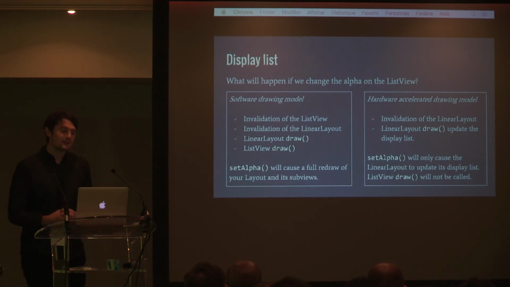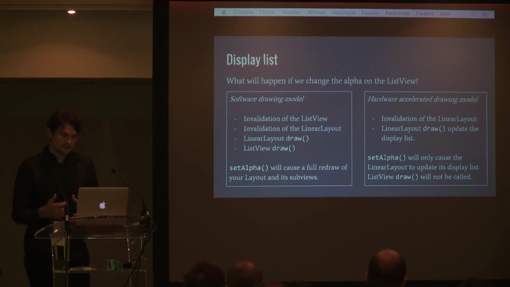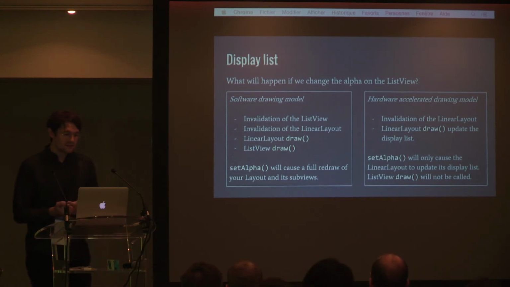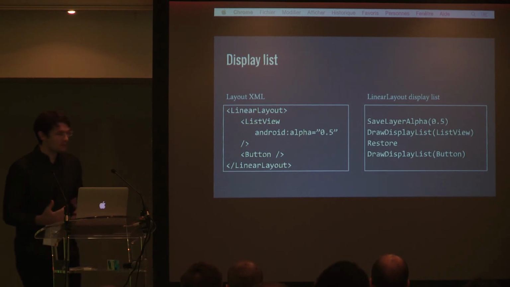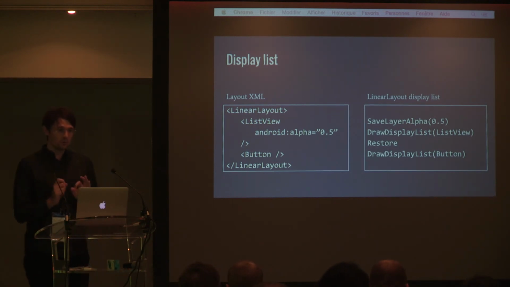Hardware acceleration changes lots of things on this point. Instead of just redrawing everything, it will do some optimization. So we will take a look at the display list with the alpha. What has changed? Well, the display list of the list view hasn't changed at all. When you change the alpha on hardware acceleration, the draw method of your list view is not called.